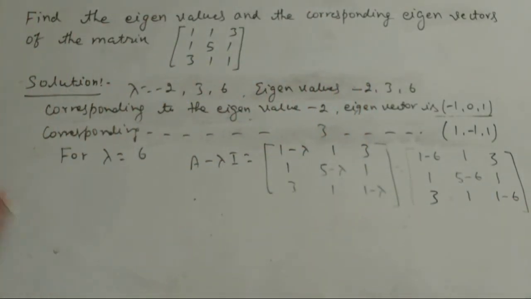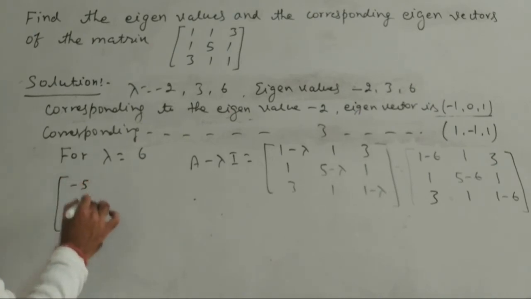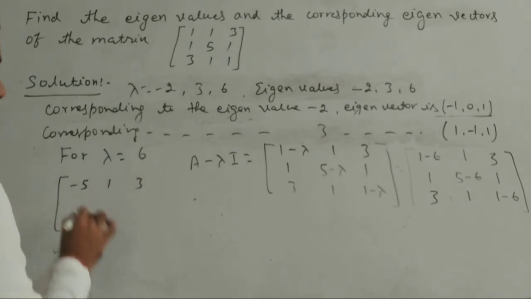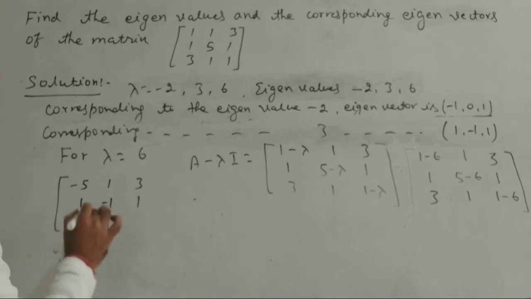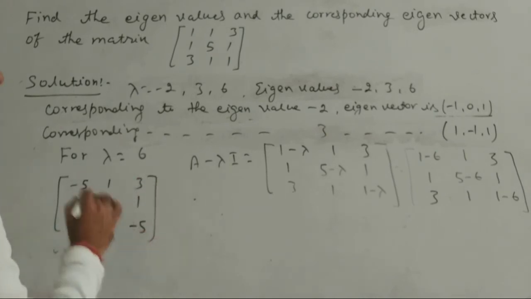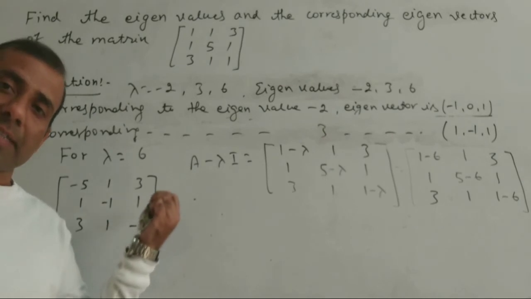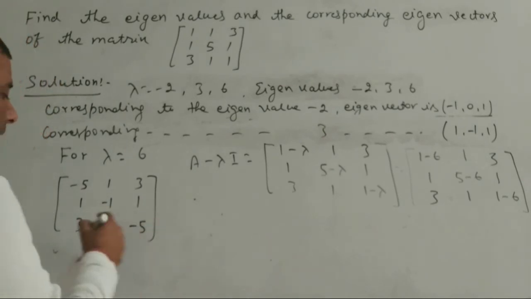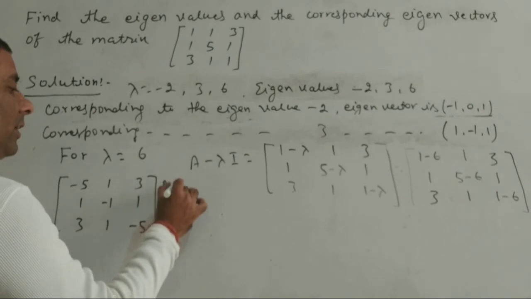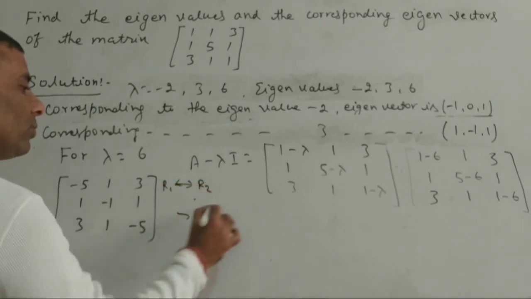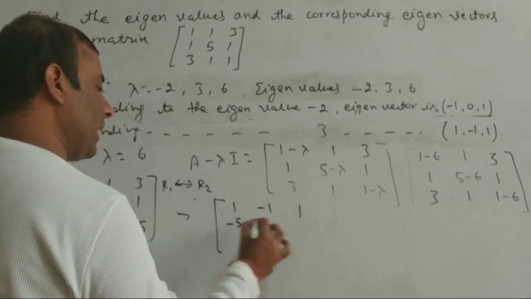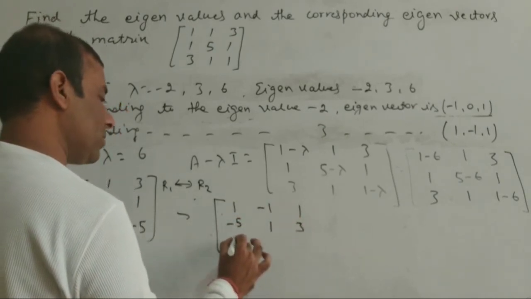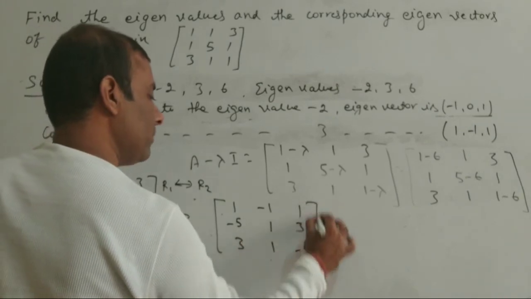Now we have to solve this equation, that is minus 5, 1, 3; 1, minus 1, 1; and 3, 1, minus 5. अगेन हम इस मैट्रिक्स को सॉल्व करेंगे सेम जैसे हमने अभी प्रीवियसली सॉल्व किया था. Now interchange R1 by R2, so it becomes 1, minus 1, 1; minus 5, 1, 3; and 3, 1, minus 5.